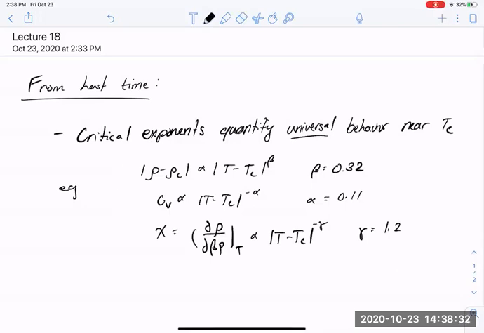There are an analogous and quantifiably identical set of exponents for other transitions, like demixing transitions, where it's not the density that you measure relative to a critical value, but the composition. Similarly, the same set of exponents also describes simple magnets, where the susceptibility is not how the density changes with pressure, but rather how the magnetic moment varies with applied magnetic field.